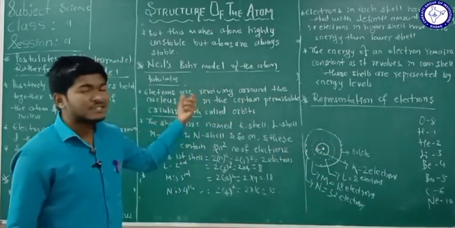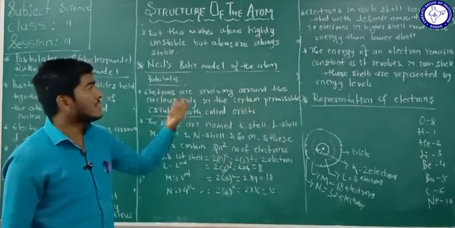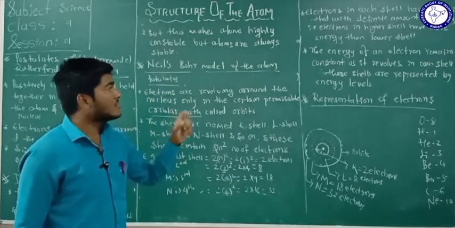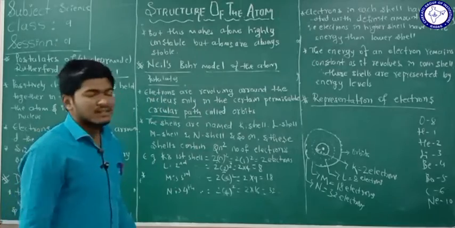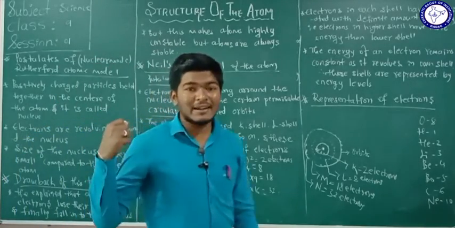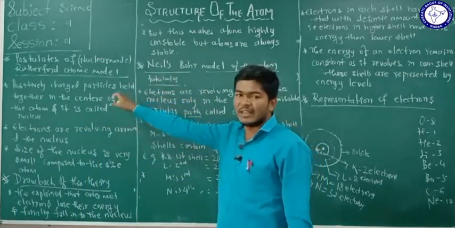The next postulate of this atomic theory is that the energy of an electron remains constant as it revolves in its own shell. So he corrected the drawback of Rutherford's theory here.